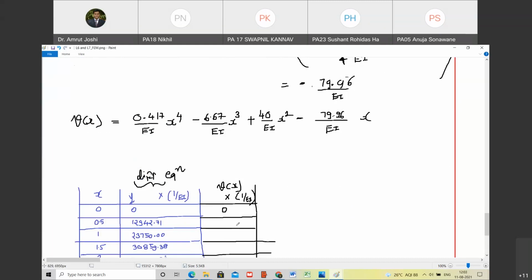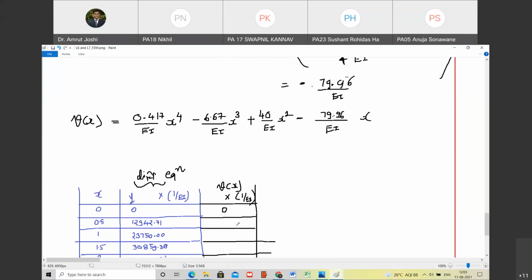Now, can you calculate the value of this expression at x equal to 0.5? 0.417 into alpha x raised to 4, then minus 6.67 into alpha x cube plus 40 into alpha x square minus 79.96 into alpha x.